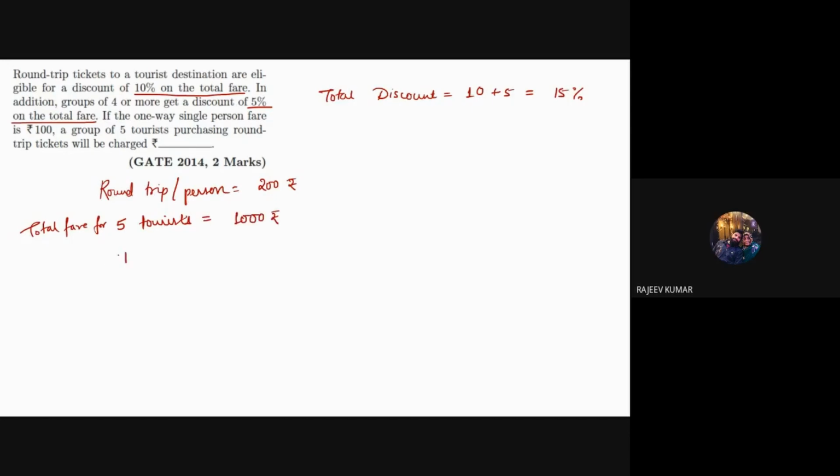So the discount is 15%. So basically 15% less than 1000 rupees. So it will be almost 85% of 1000. So simple, the maths is 85 by 100 into 1000, which turns out to be 850 rupees.